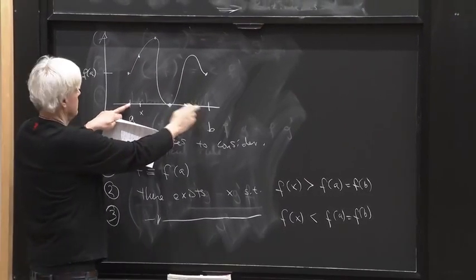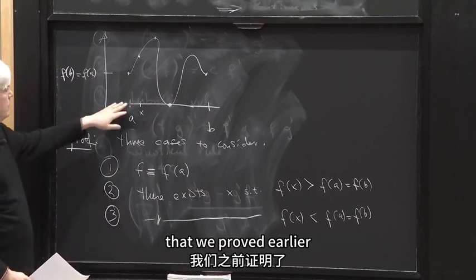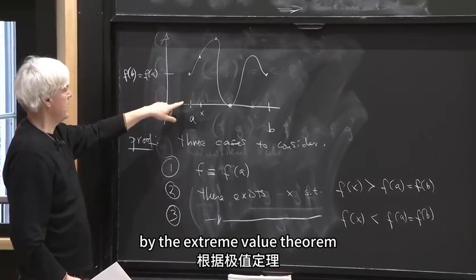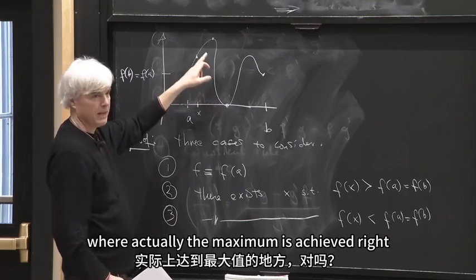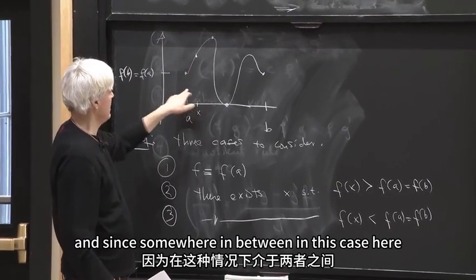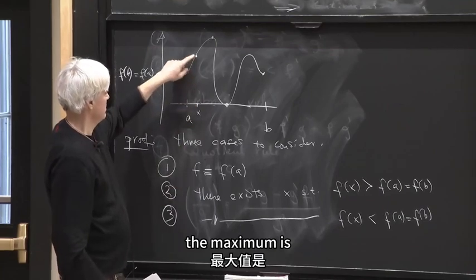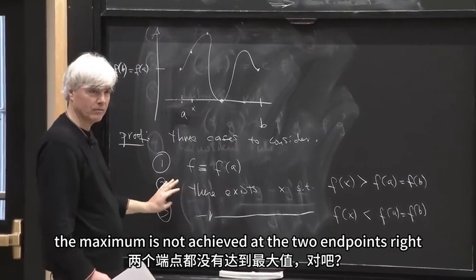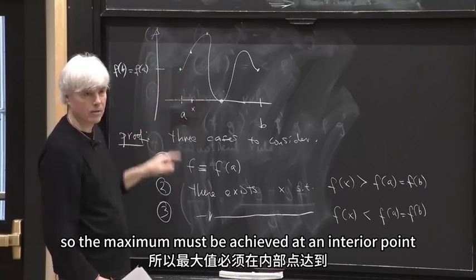Well, by the extreme value theorem that we proved earlier, just because if a function is differentiable, it's also continuous, there exists somewhere where the maximum is achieved. And since in this case the maximum is not achieved at the two endpoints, the maximum must be achieved at an interior point.